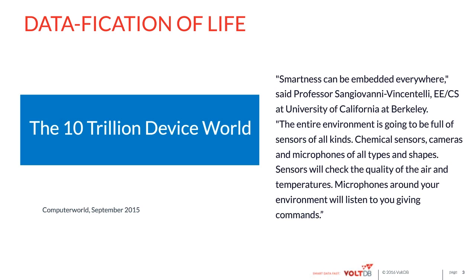So with what is actually professed to be a 10 trillion device world, you can imagine how much data is going to be flowing back and forth between various machines, and how to capitalize on leveraging this data to make smart choices and decisions and improve your competitiveness in the arena of your specific industry.